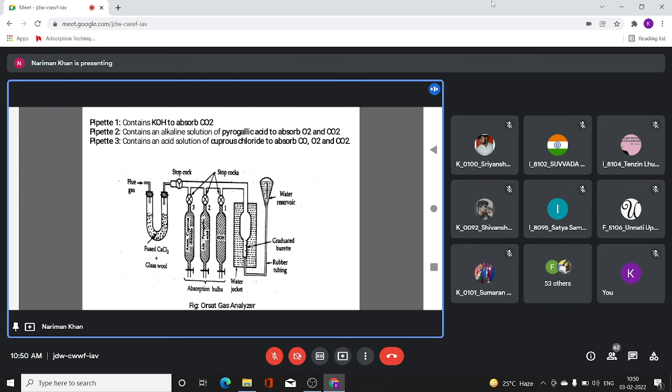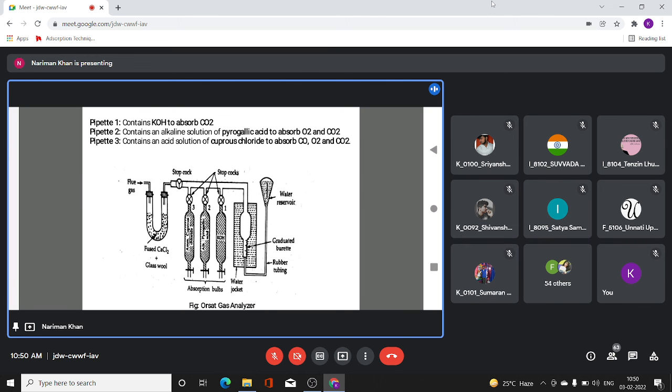Now, this KOH has the specific property to absorb carbon dioxide gas. So all the carbon dioxide which is there in our flue gas will be absorbed by KOH.